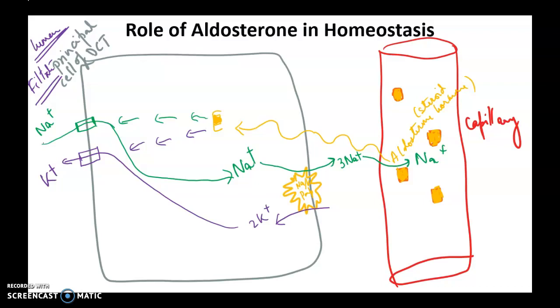Another effect of aldosterone is increase of potassium secretion, or potassium leaks into the filtrate. So by the action of aldosterone, we lose potassium into the filtrate. And remember, as sodium comes in, water follows. So we will have water coming in, and then water will ultimately go into the capillaries. That's it.